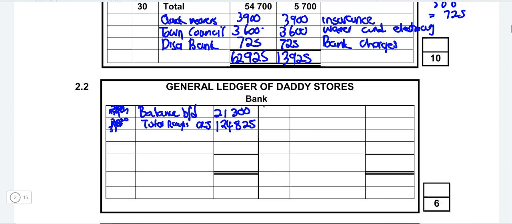So I'm going to write 2020 March 31st, and then I'd say total payments. And then remember, this is from the CPJ, and then the total that we're going to write is 62,925.